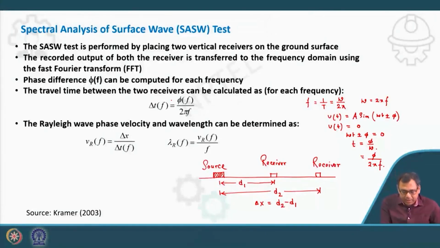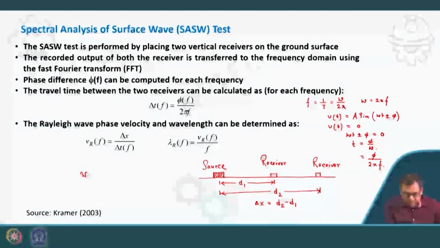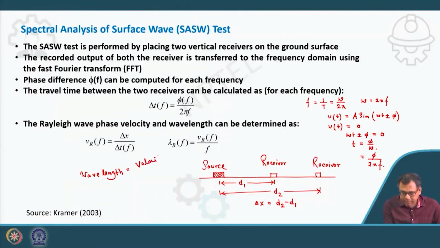Now the Rayleigh wave is a surface wave, which I have already discussed. The Rayleigh wave phase velocity and the wavelength can be determined using these expressions. The wavelength is equal to velocity divided by frequency.